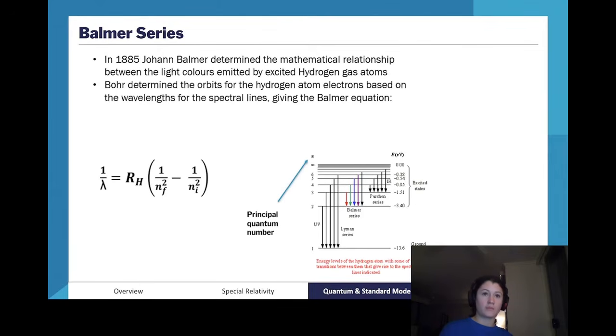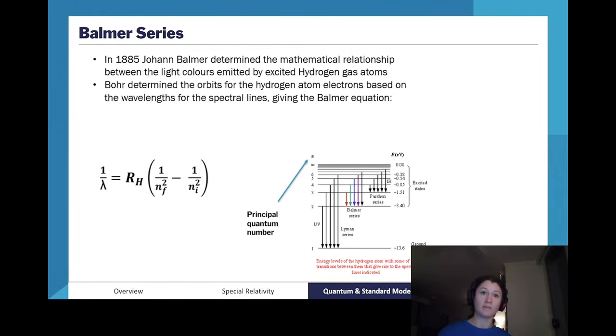All right, getting on to the Balmer series. So Balmer determined the mathematical relationship between the light colors emitted by excited hydrogen gas atoms.